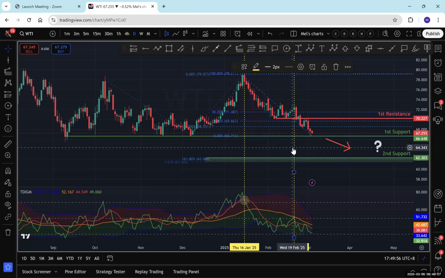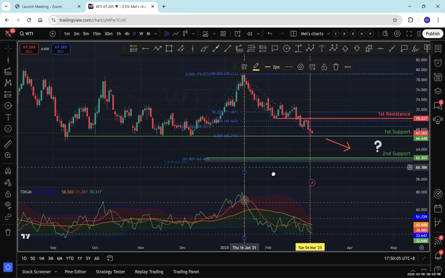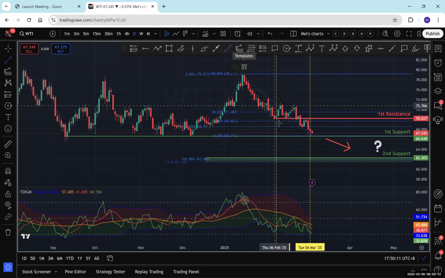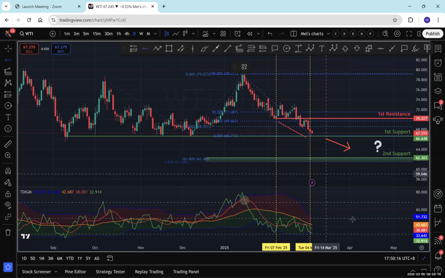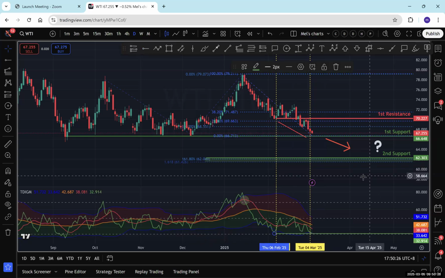I guess over here could be one. So here and here, you can see price has made lower lows, right? But on our TDI, it's actually kind of maintained at that same level.